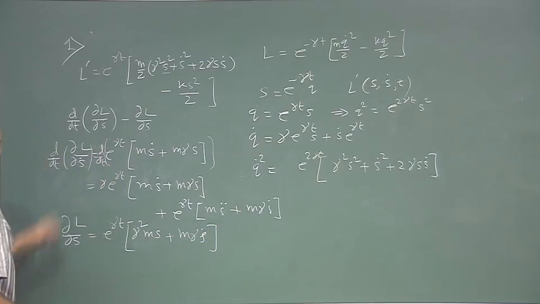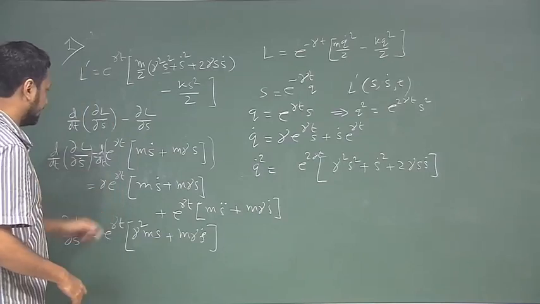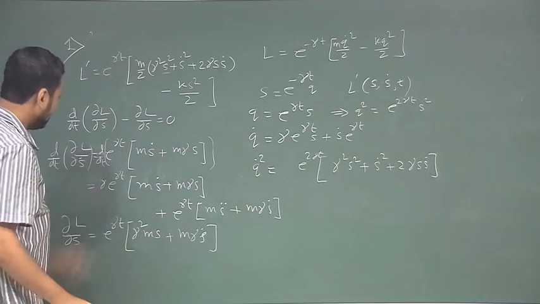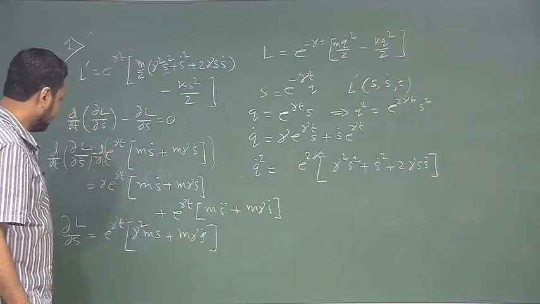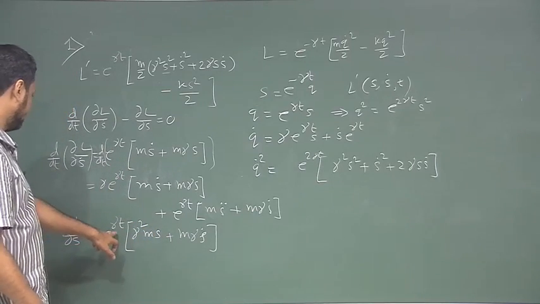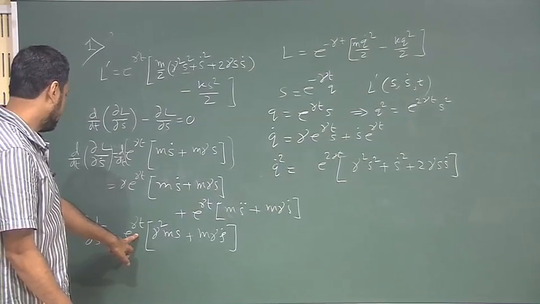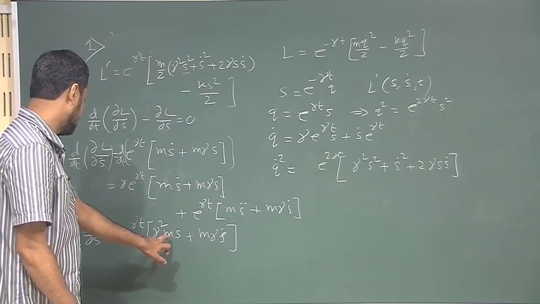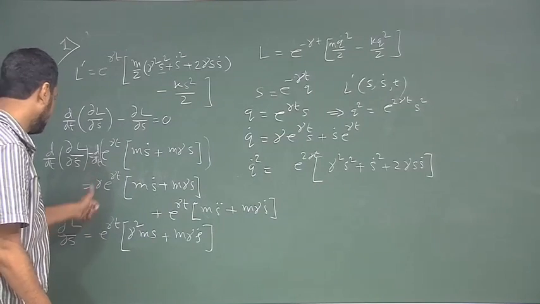So, if I subtract one from the other to get the final equation, this will be equal to 0, you will definitely get the final form. So, I am leaving it to you. What will happen is e to the power gamma t you can take out from both the equations, you get one gamma m S, this gamma will go in.